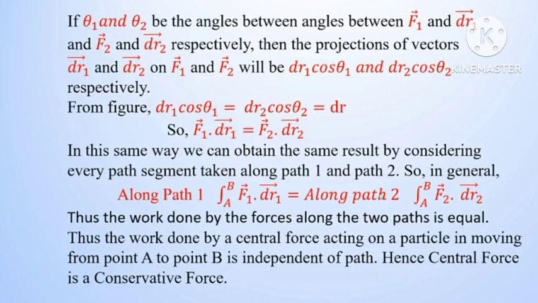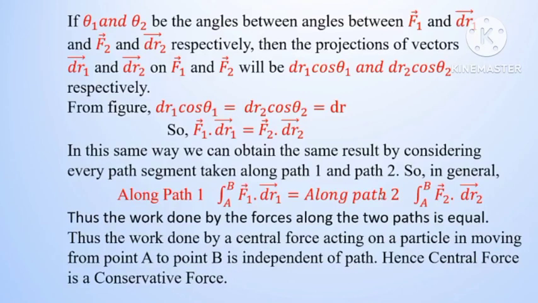From the figure, dr1 cos theta 1 is equal to dr2 cos theta 2 is equal to dr. So F1 into dr1 bar is equal to F2 into dr bar. In the same way, we can obtain the same result by considering every path segment taken along path 1 and path 2.